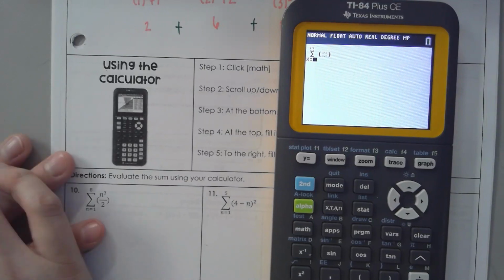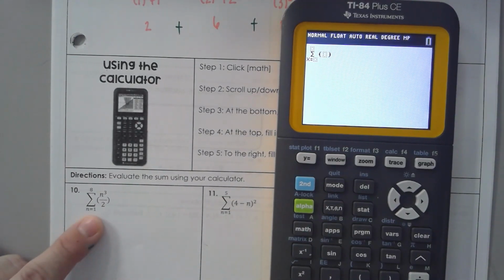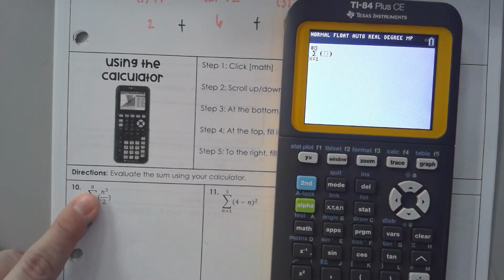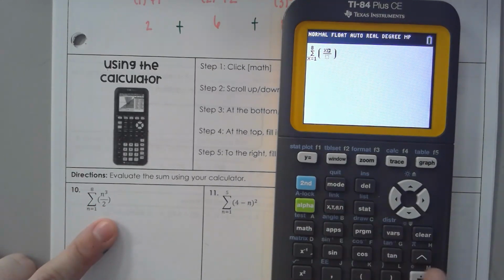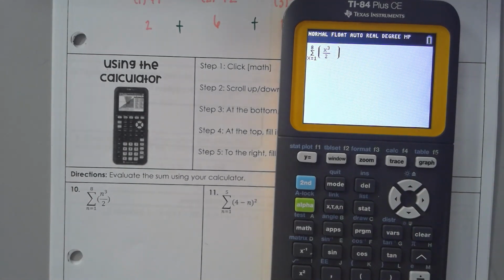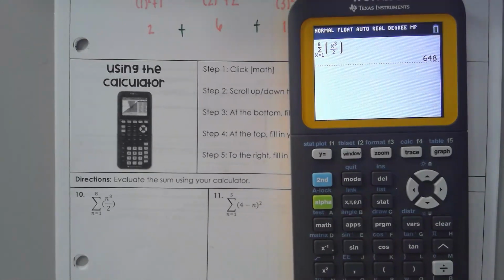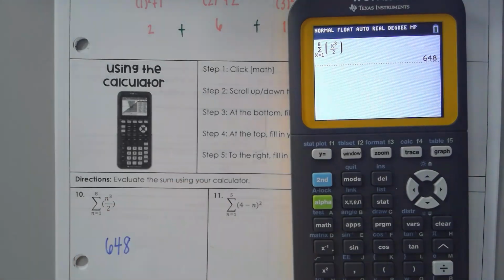So if you want to use an N, fine. If you just want to hit one button and hit an X, that's fine. So 1, and go up there and do an 8, and then go in here. X cubed over 2. And get 648.